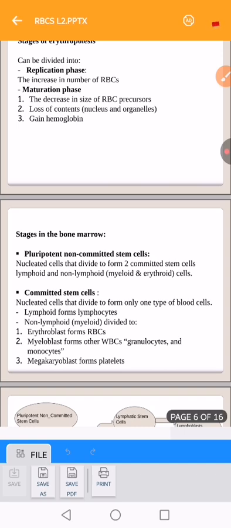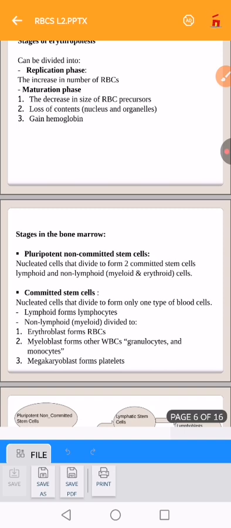Focus on this point: it is a nucleated cell that divides to form two committed stem cells, either lymphoid or non-lymphoid cells. So from the start, the pluripotent non-committed stem cell divides into just two committed stem cells, lymphoid or non-lymphoid.